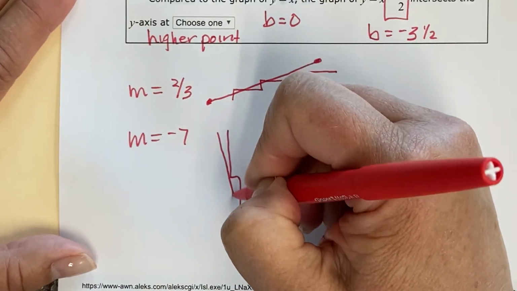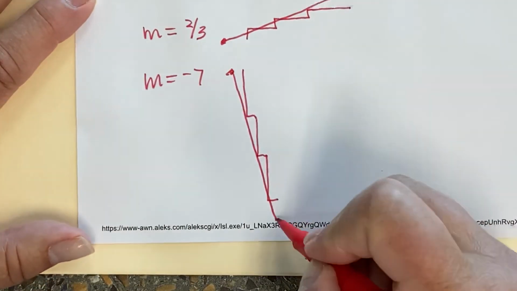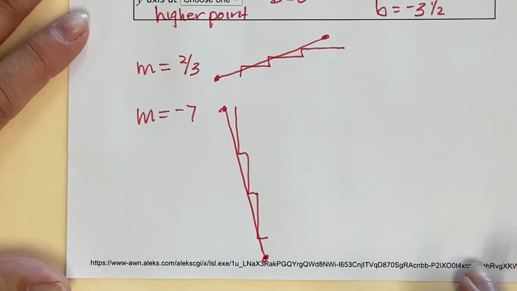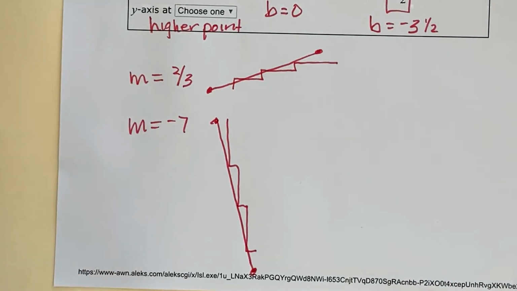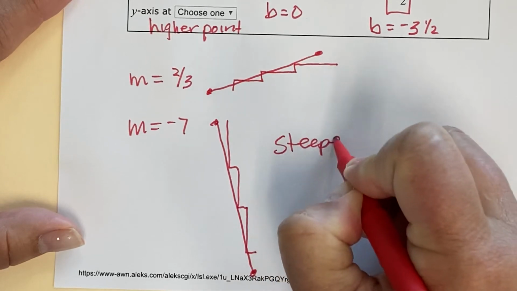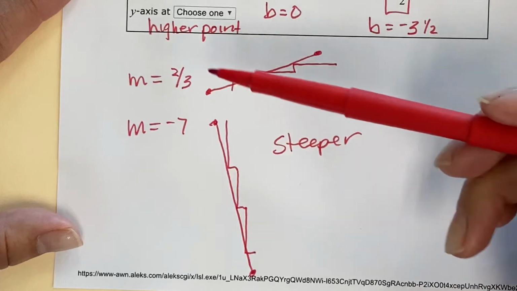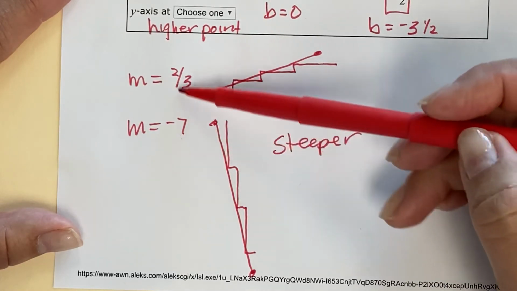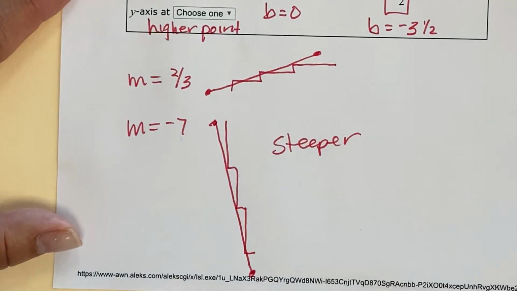So this one is more like that. So here's kind of the trickier thing. Even though this is a negative number, that doesn't technically matter. We're just looking to see which one is steeper. And this one is steeper. Okay, so when you're just comparing steepness, you're just looking to see which number is bigger. The negative doesn't necessarily matter.